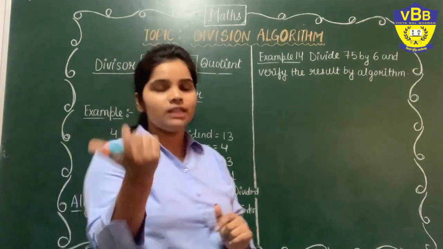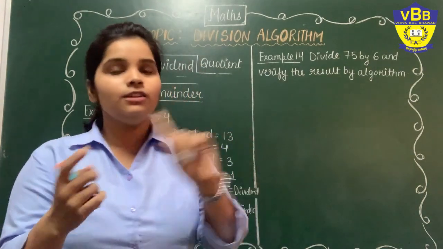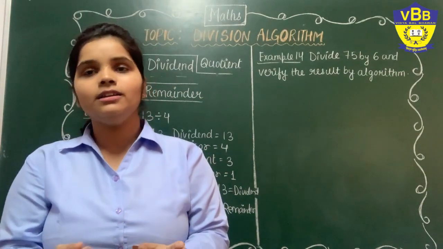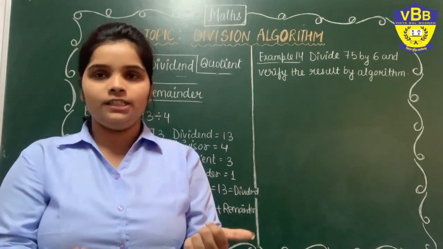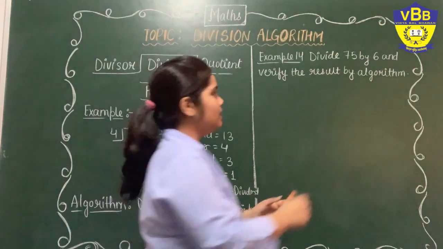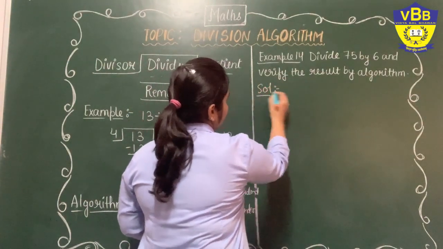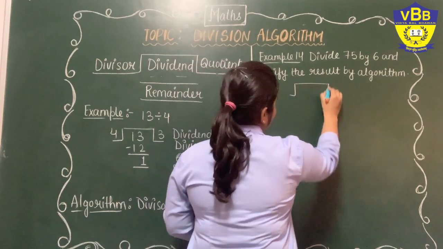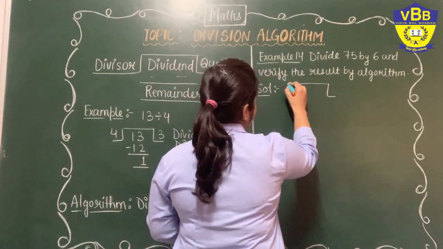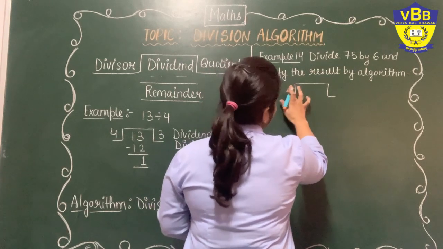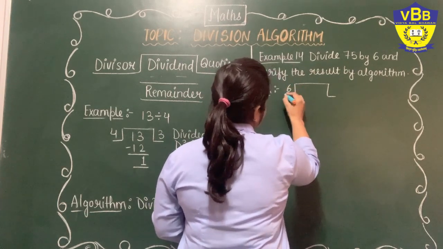That means you need to verify that the product of divisor and quotient plus remainder equals the dividend. So let's start with the division. First we will divide 75 by 6.